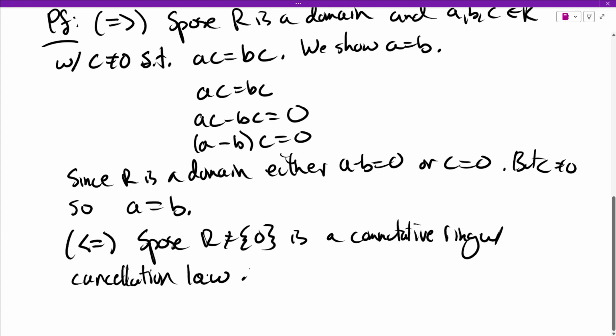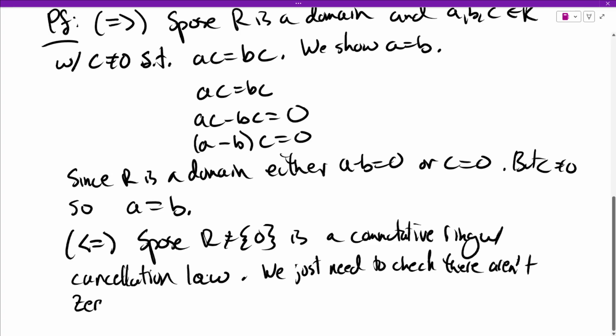The only additional thing that we need to check for R to be a domain is that there are no zero divisors. So we just need to check there aren't zero divisors. And then it will be a domain.